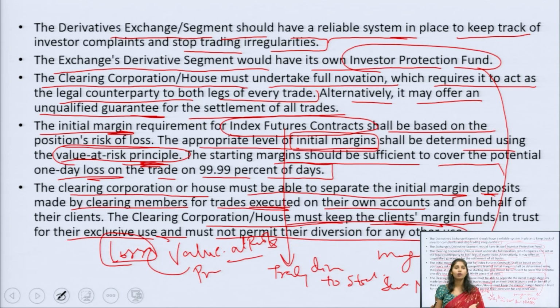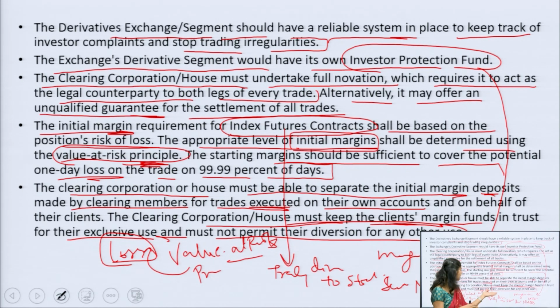So suppose you just entered that particular market and you started trading. In that case, what happens? You are not aware of the proper losses you will be facing, and you go on trading and you incur losses for some time. In that case, this fund, this deposit, will eventually help.